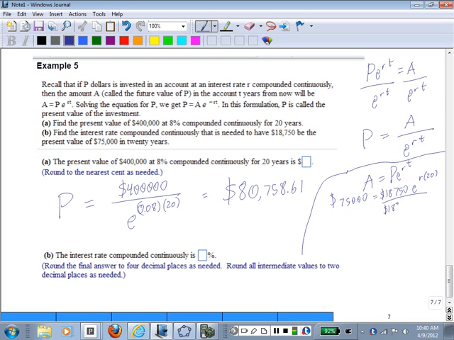We'd like to have, if you want to think of it as a coefficient, I mean, e is really not a variable, but if you want to think of it as the coefficient of that exponential expression, we'd like that coefficient to be 1. We just want 1 times e to the r times 20, not 18,750 e to the r times 20. So 4 equals e to the 20r.